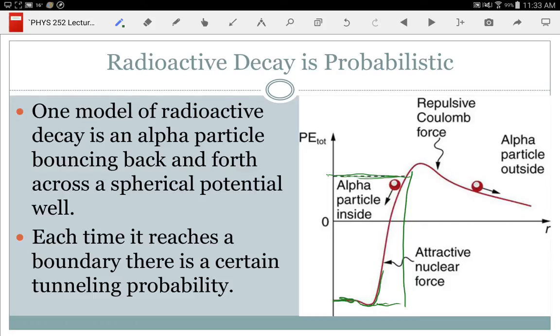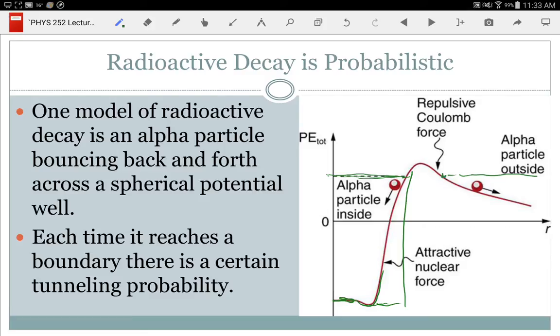But quantum mechanics says that it has enough energy to be out here as well as inside. And using the wave treatment, we have a wave function for the particle, and that wave function will extend outside of the nucleus. So that means that there is a probability of the alpha particle moving from inside the nucleus to outside the nucleus, even though it doesn't have enough energy to get out.